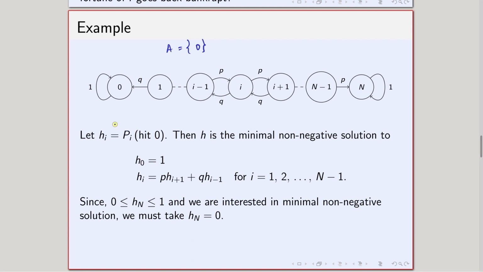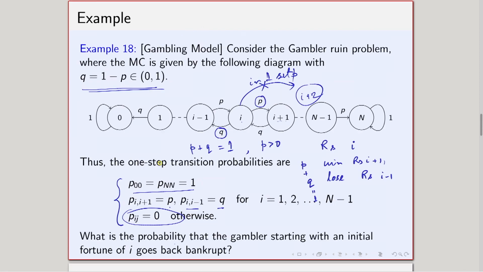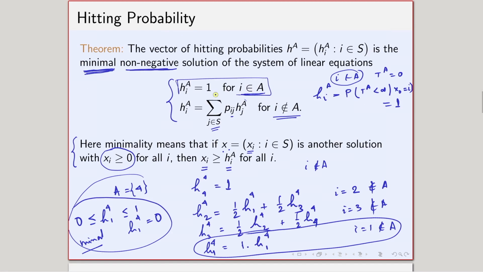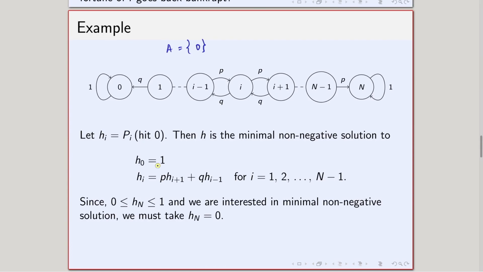That basically means this hitting probability to 0 starting from i, I write as hi. Now h0 equals 1, because of the condition that if i is in A, then hiA is 1. So h0 is 1 because in this case i equals 0, which belongs to A, which is our singleton set 0.